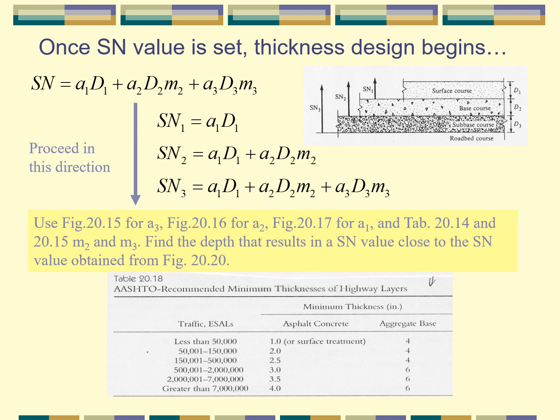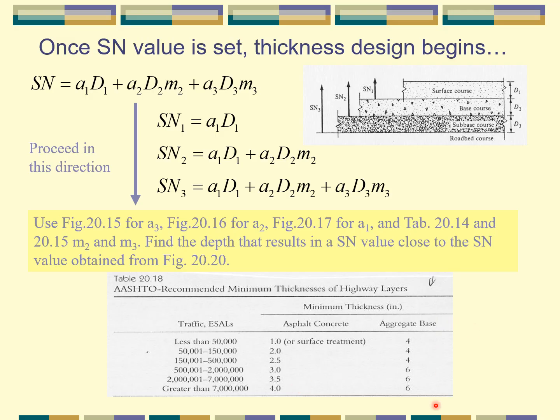Well, look at this table: AASHTO recommended minimum thickness of highway layers. Corresponding to accumulated equivalent single axle load, the minimum thicknesses are recommended for the asphalt concrete and the aggregate base.